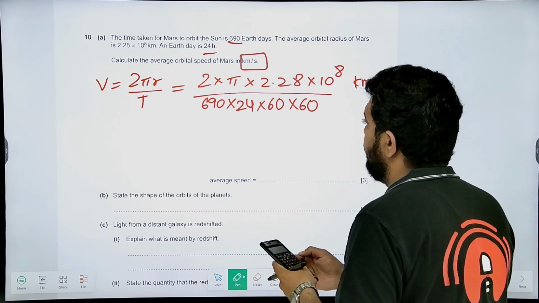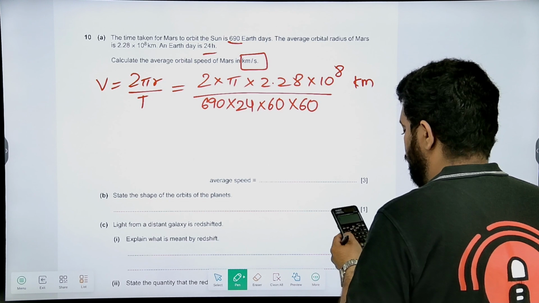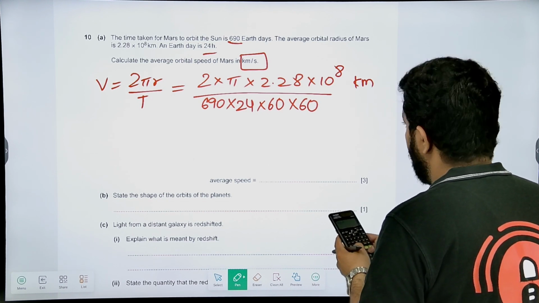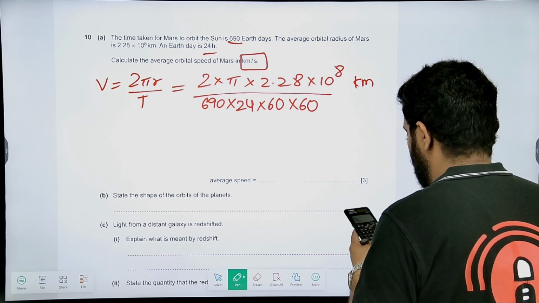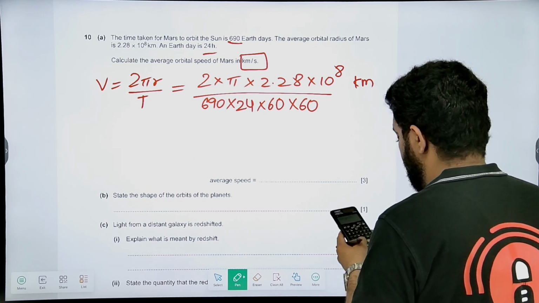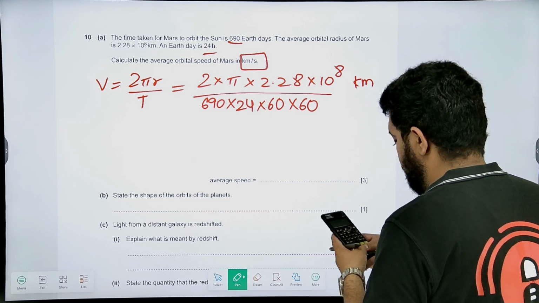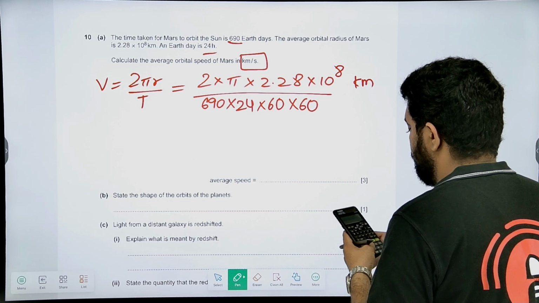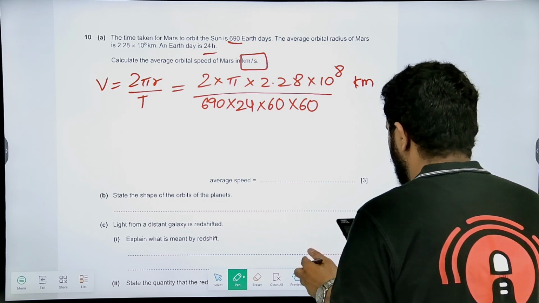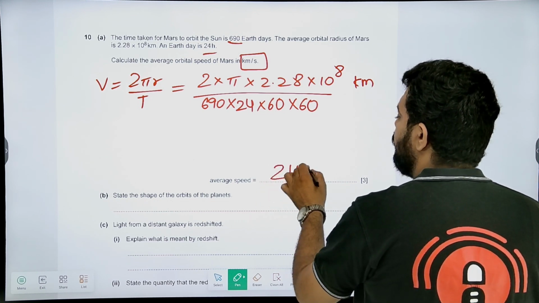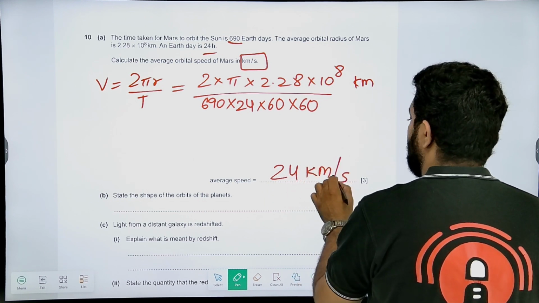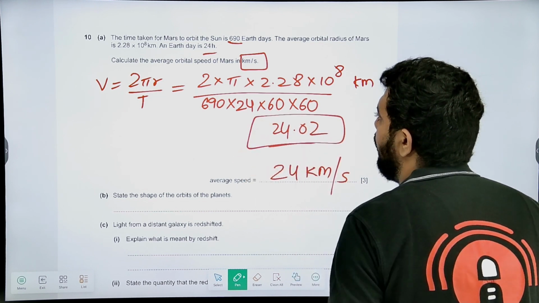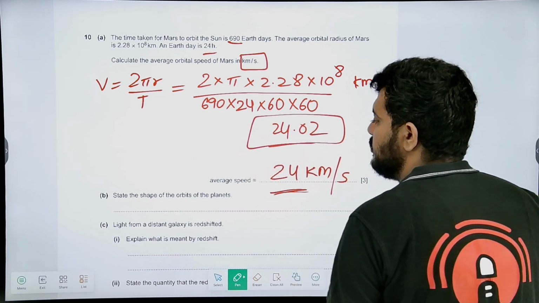If you calculate this, you have 2π × 2.28 × 10^8 divided by 690 × 24 × 60 × 60. We have 24 kilometers per second. So the actual answer is 24.02, but I'll round it off to 24 kilometers per second.